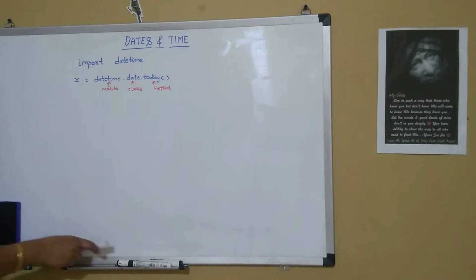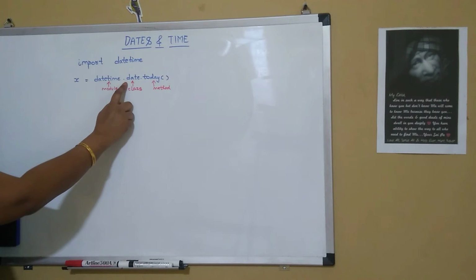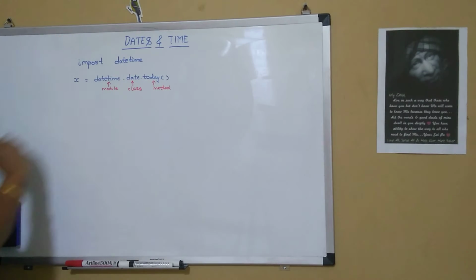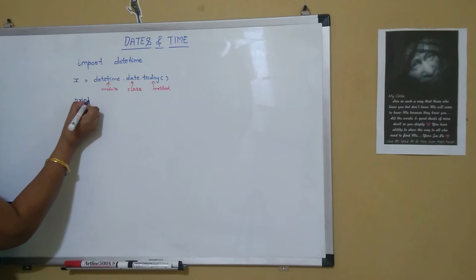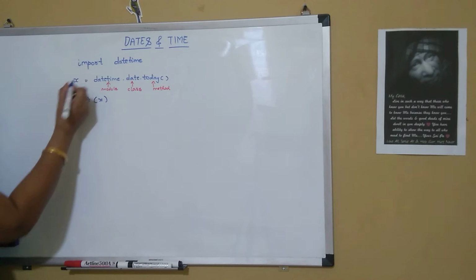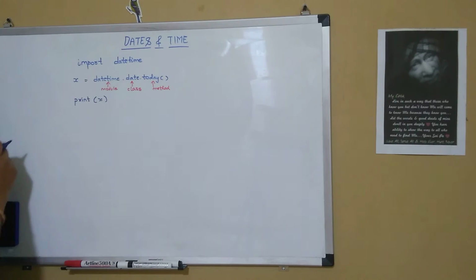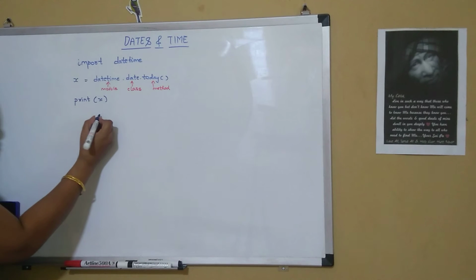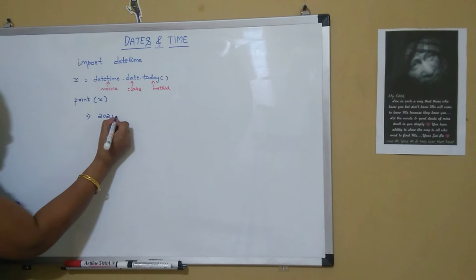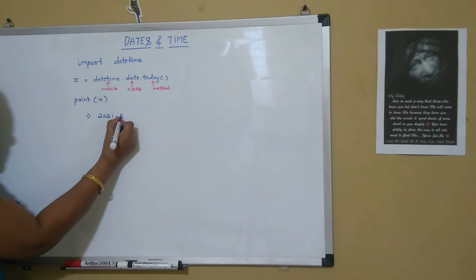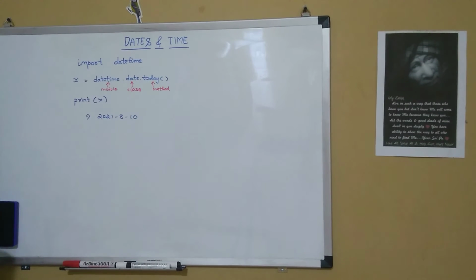So when I import my module and take the date class and the today method, then if I say print x, I get today's date, that is 2021 hyphen 8 hyphen 10.